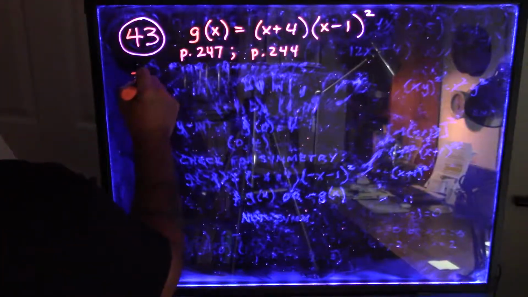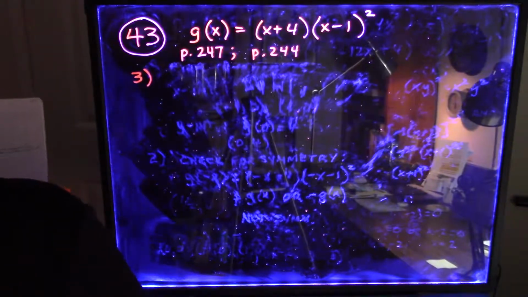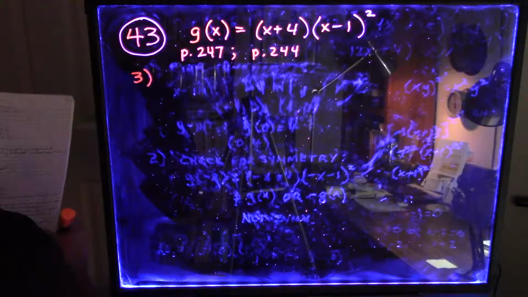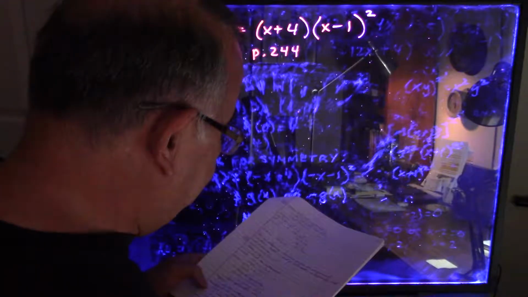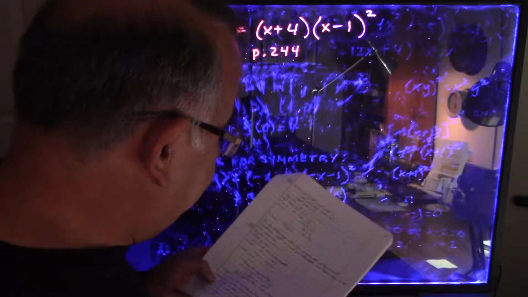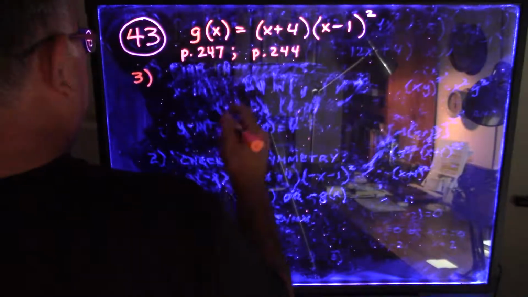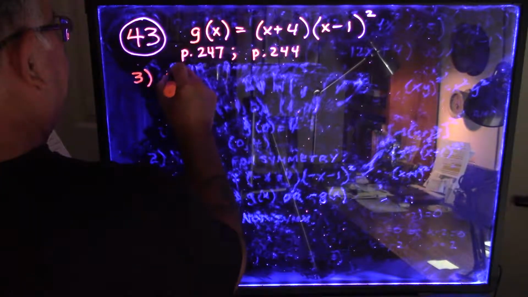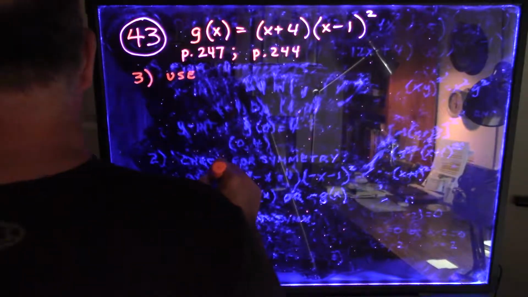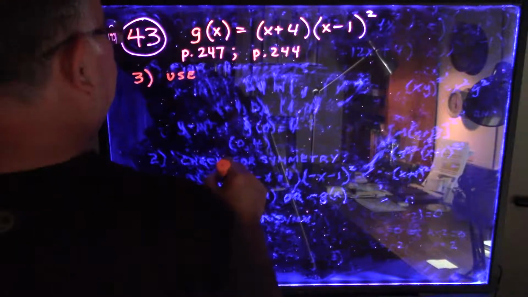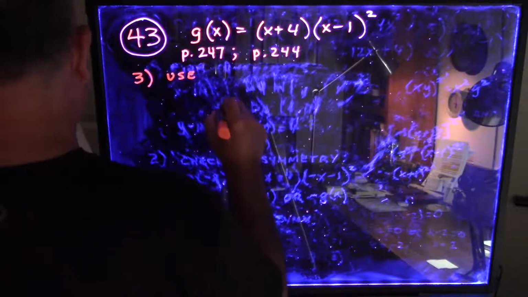All right, step 3. So we're going to use the multiplicities of the zeros to determine the behavior of the polynomial at the x-intercepts. All right, I'm going to write this out, but I'm not going to write it all out for any further problem. I'll just leave you to look at the book on page 247.